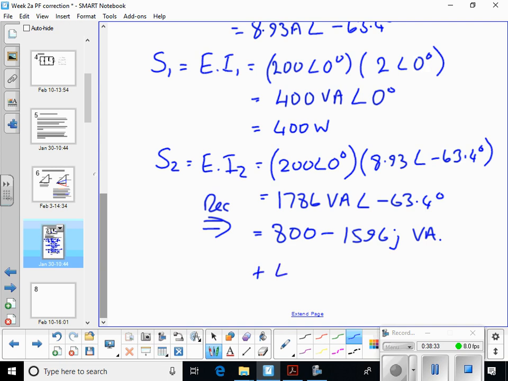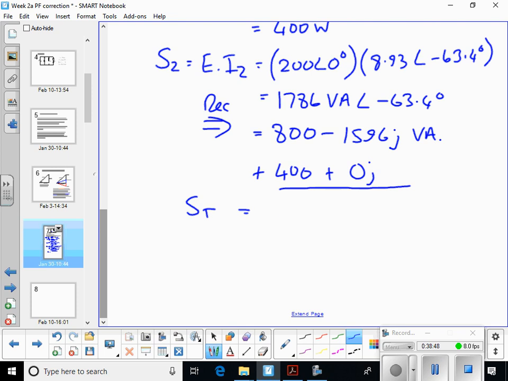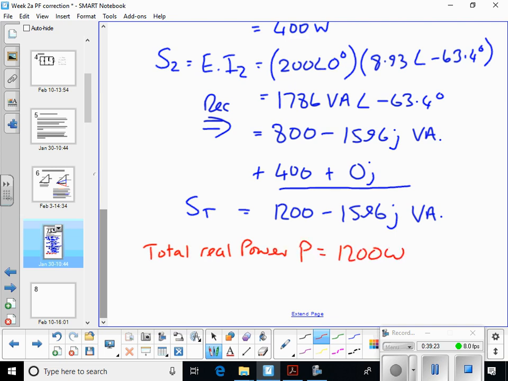So if we add on 400 plus 0J, that's the S1, we get ST. So add them two together, 1200 minus 1596 J VA. Total real power, 1200 watts.